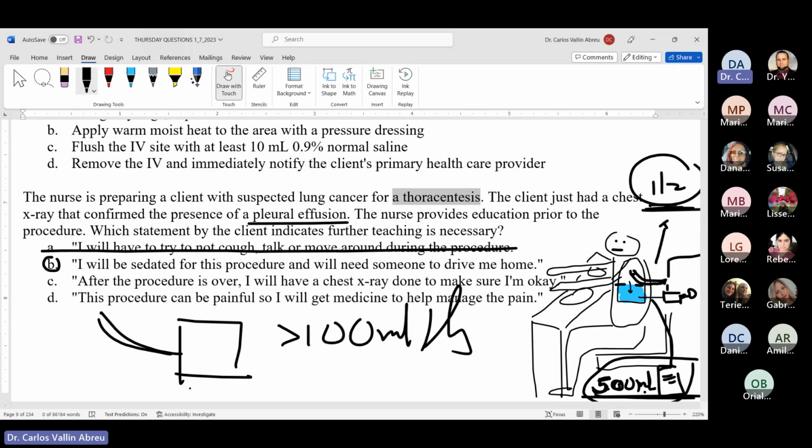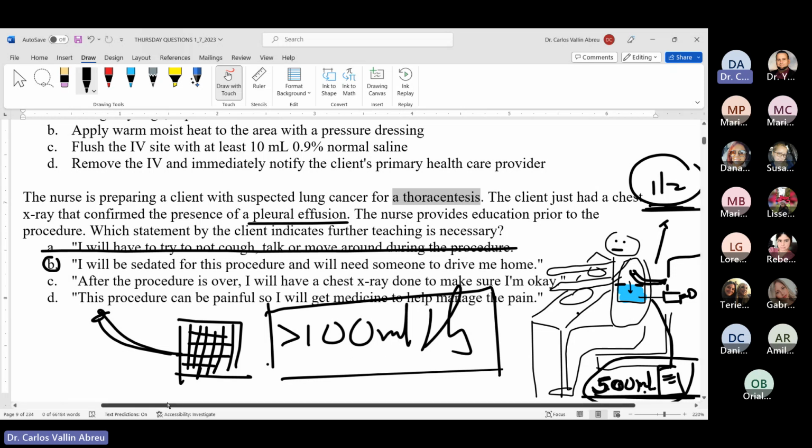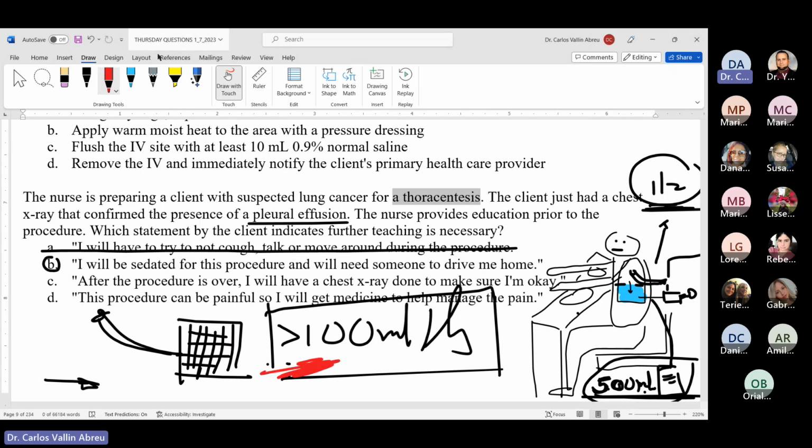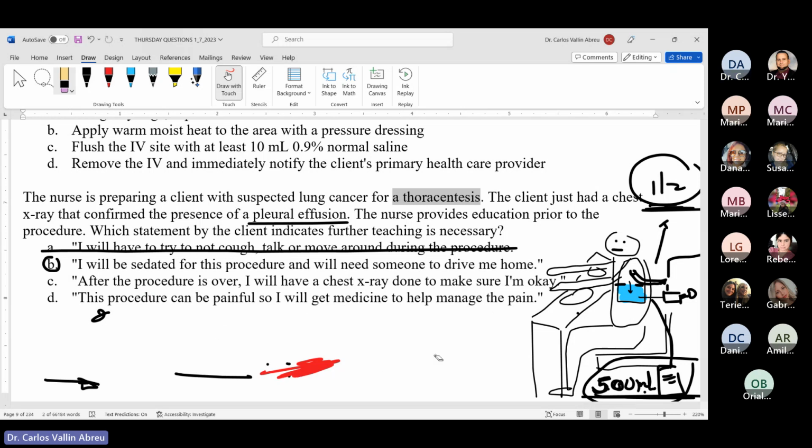In the case of monitoring the drainage through a chest tube, not thoracentesis, if you observe a flow of more than 100 milliliters per hour in the collection chamber, you need to report that, absolutely. And of course, if you observe that it is bright red, it is a priority to report because the patient is bleeding.